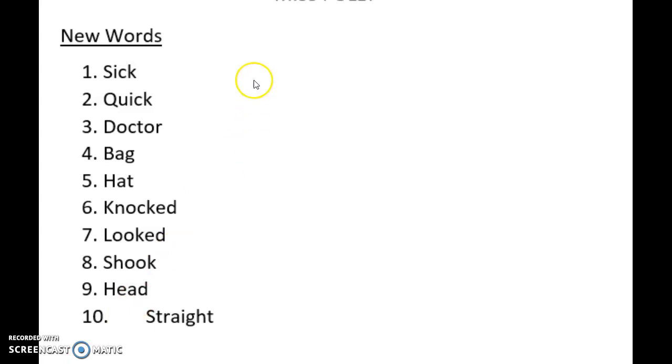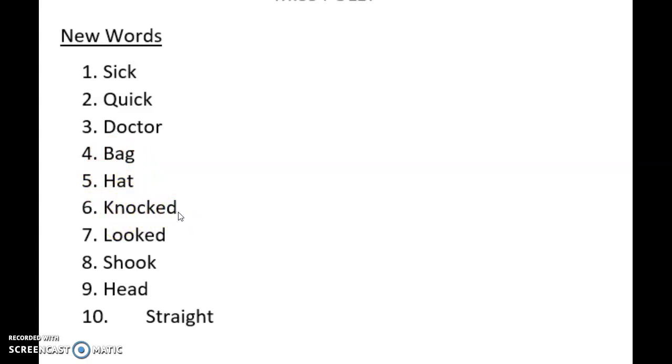Let me read the new words and question answers for Miss Polly so that you can copy them in your classwork and learn the spellings. New words: sick, quick, doctor, bag, hat.